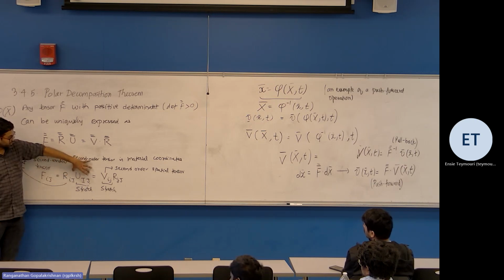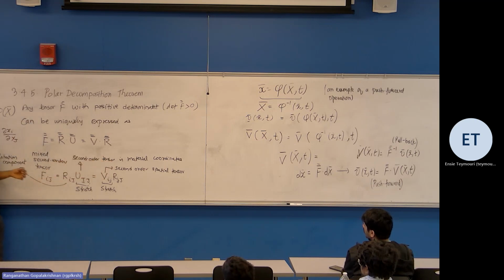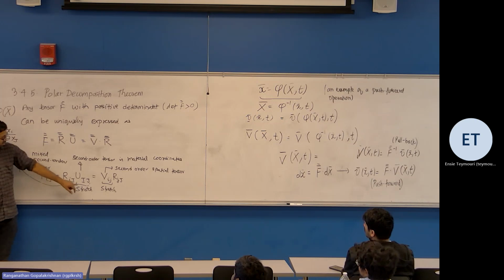This allows you to understand how much the length changes and how much the position changes. That's what F is for, but sometimes it's hard to deconvolute what is a pure rotation versus what is a change in length or deformation. That is the purpose of this whole decomposition theorem, to split the total deformation as a product of two separate operations which are easier to interpret.